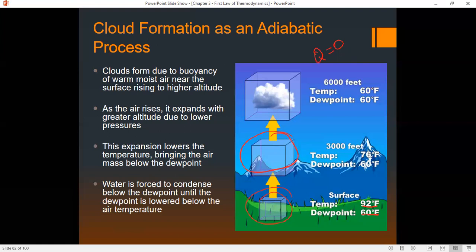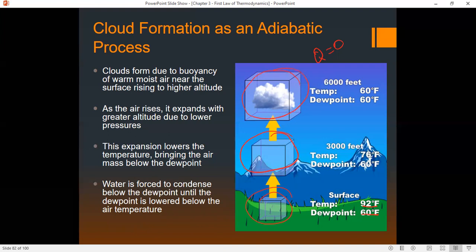So let's say that little piece of air is now rising into the atmosphere. And at 3,000 feet, the pressure is lower, so it's going to occupy more volume. And it's dropped from 92 degrees Fahrenheit to now a more reasonable 76 degrees Fahrenheit. Okay, now it's up at 6,000 feet, and the temperature's dropped more.